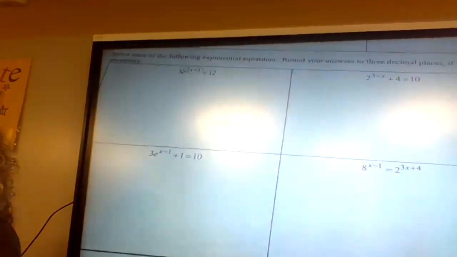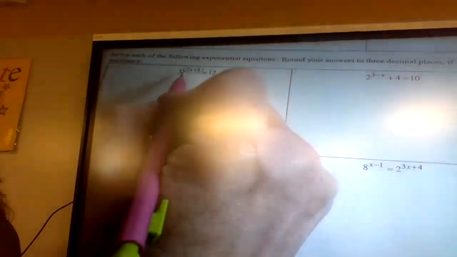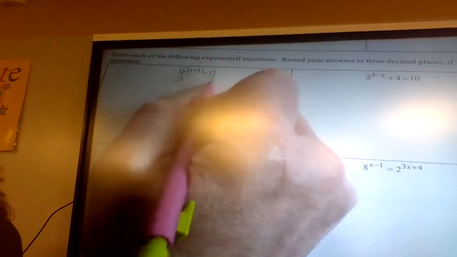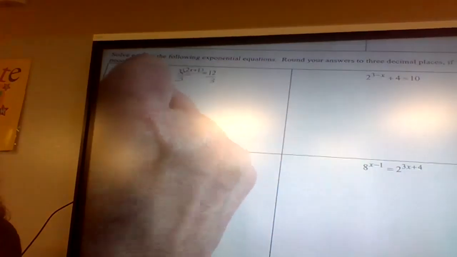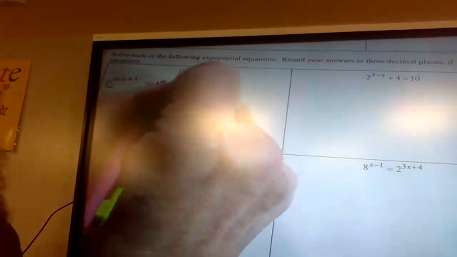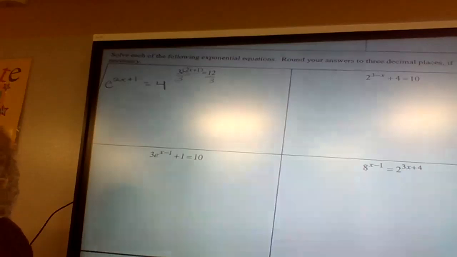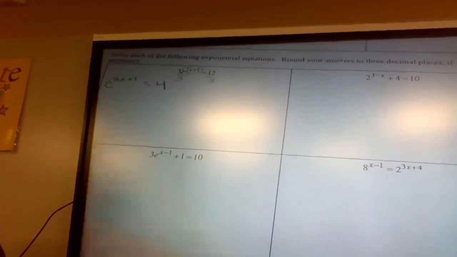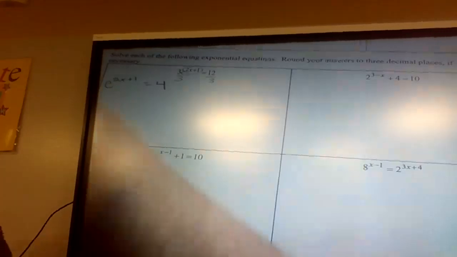All right. So we've got one exponential equation. I'm going to divide by 3, and that leaves me with e to the 2x plus 1 equals 4. Now at this point, you take the log of the base, e. Well, that's going to be a natural log.